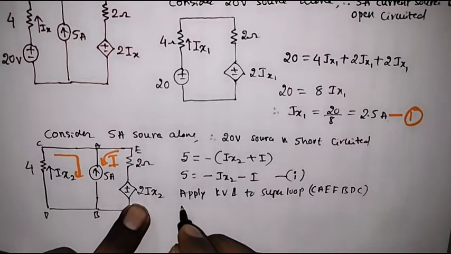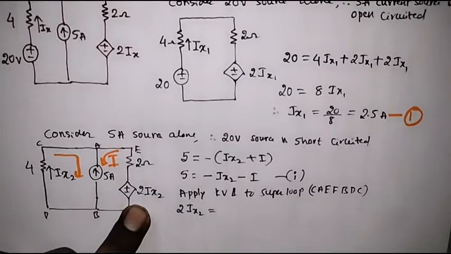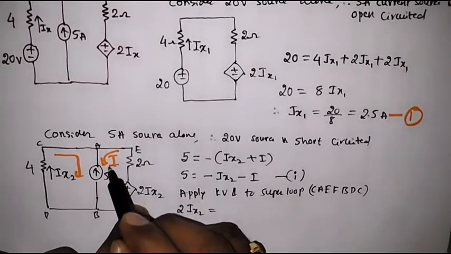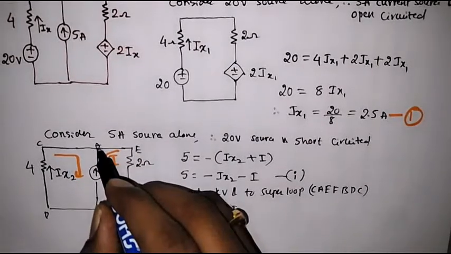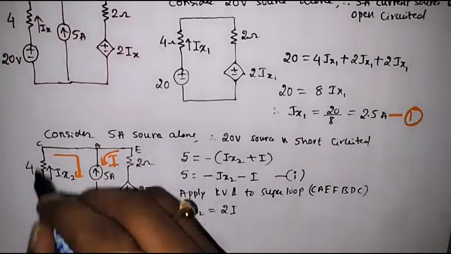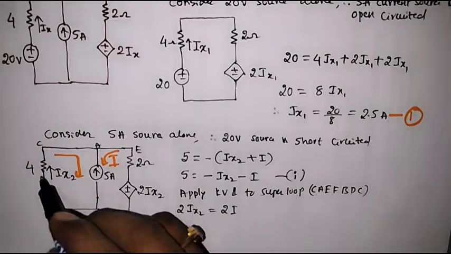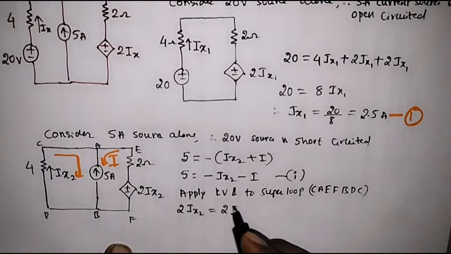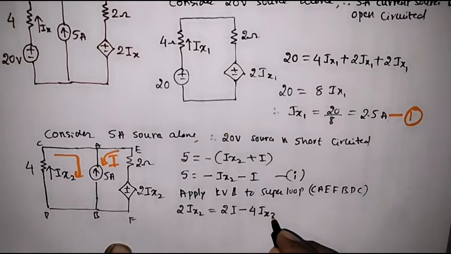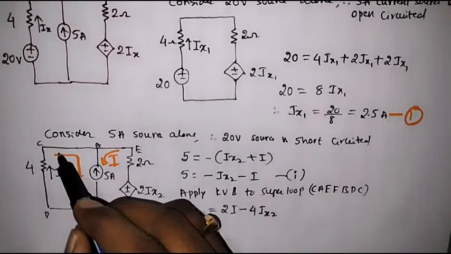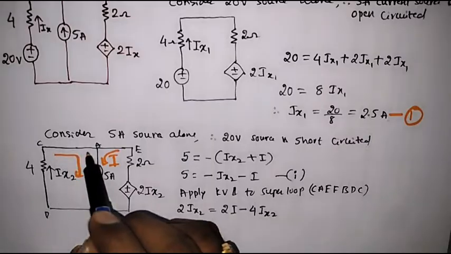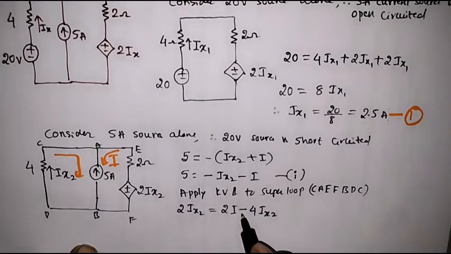So here the voltage source value is 2Ix2 is equal to, now move along the direction of current, that is 2I. Then current flows through EA branch, then through AC branch, then through CD branch. Therefore the voltage across the 4 ohm resistor is minus 4 Ix2, because we are moving in this direction, but current Ix2 is opposite to our direction, so we take minus. Therefore it is minus 4 Ix2.